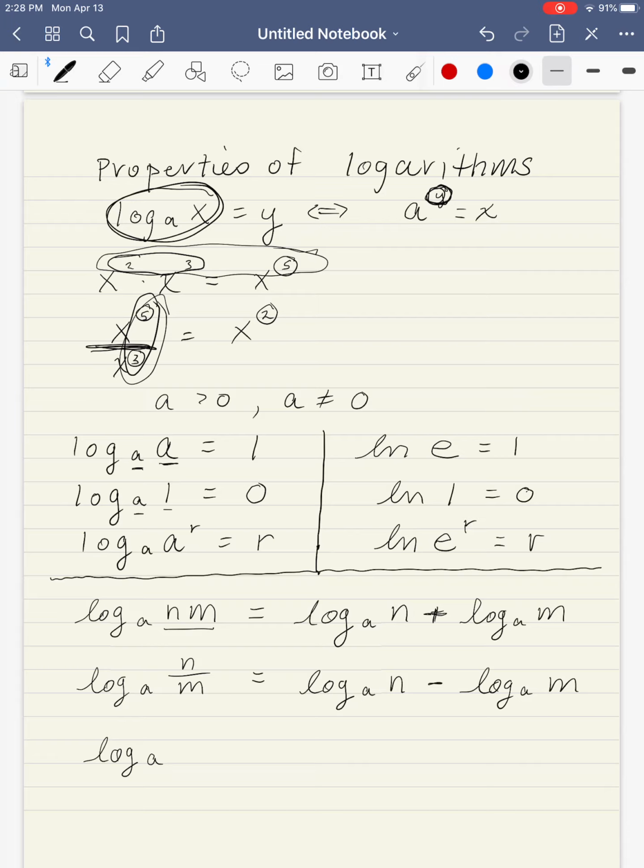If we have the logarithm base a of n to the m power, let's go ahead and change that. Let's use logarithm base a of n to the r power.